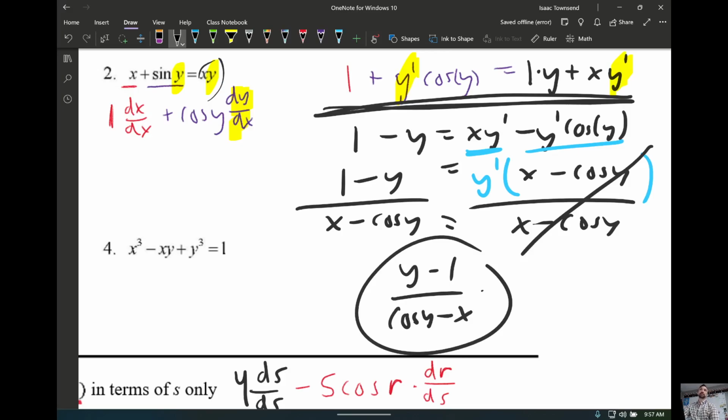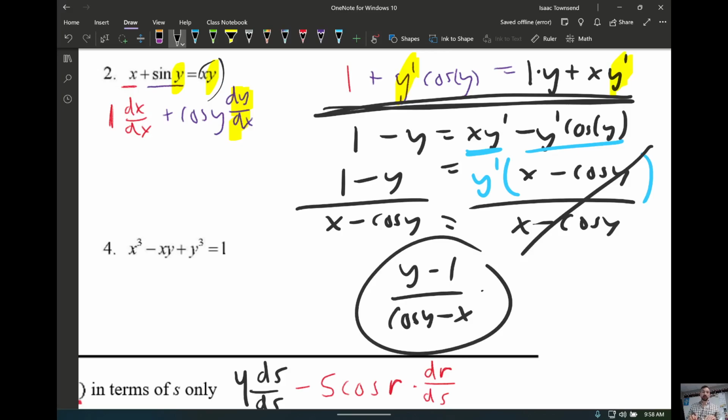Realistically, if you're practicing implicit, you're practicing that the derivative of sine stuff is cosine stuff, the derivative of something times something is product rule, isolating the variables, and factoring out GCFs. That's the stuff that really takes the practice, not so much that first statement. So if that's any comfort.